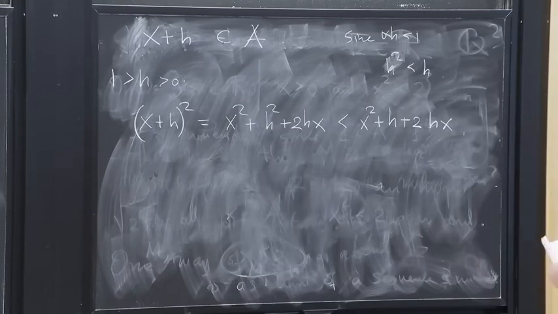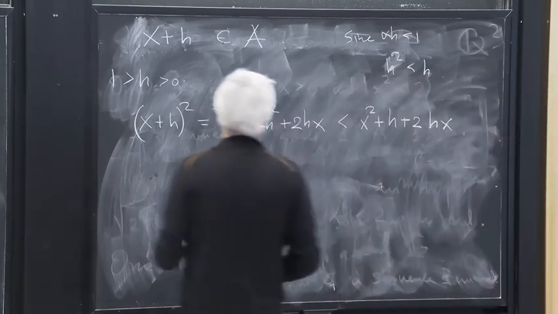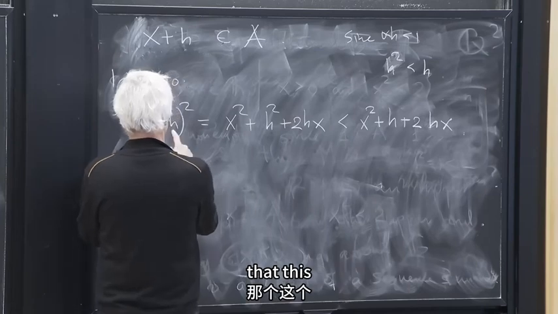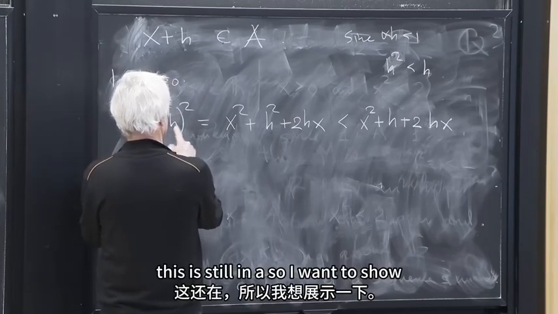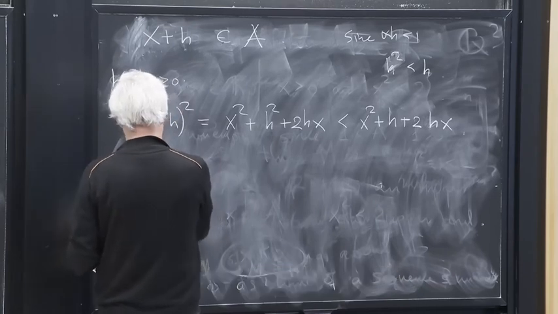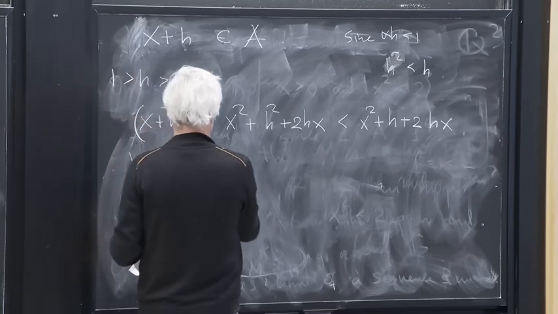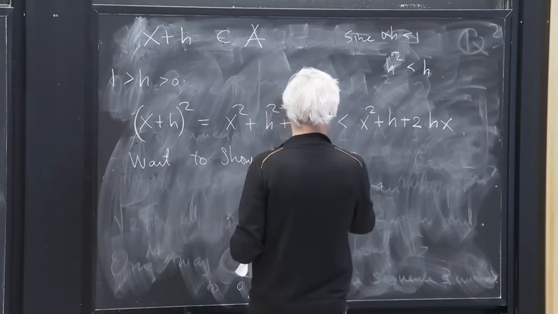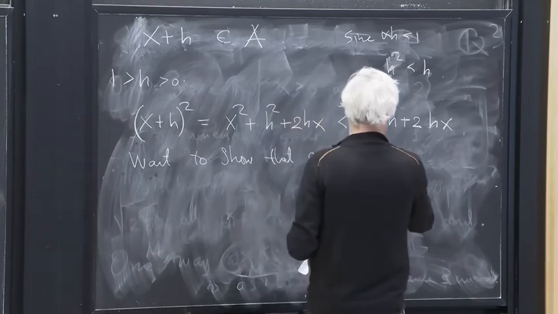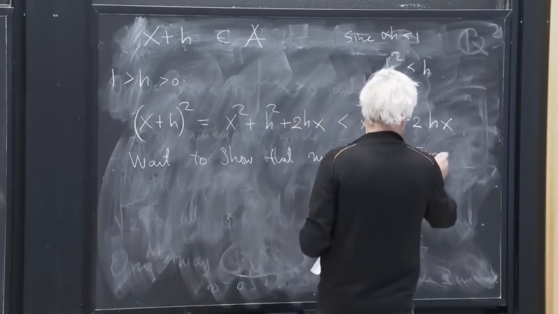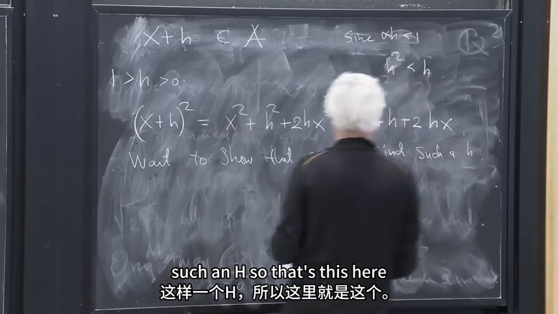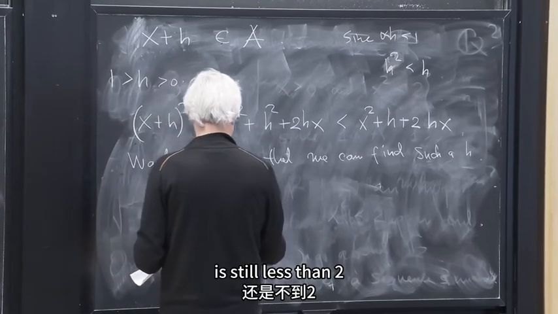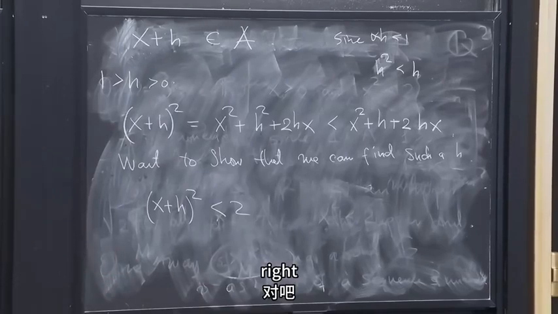Okay? And I want to show that this x plus h is still in A. So I want to show that we can find such an h so that this here squared is still less than 2, right?